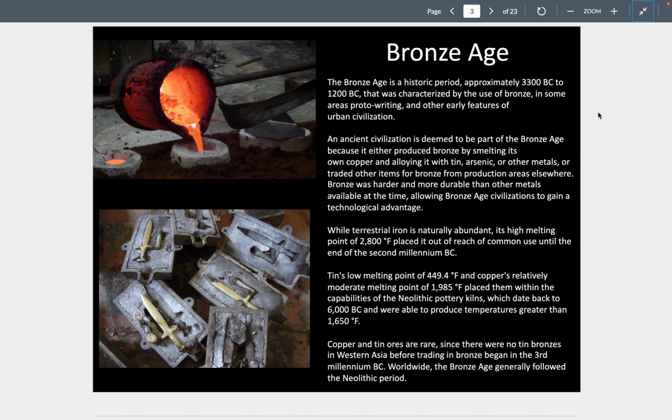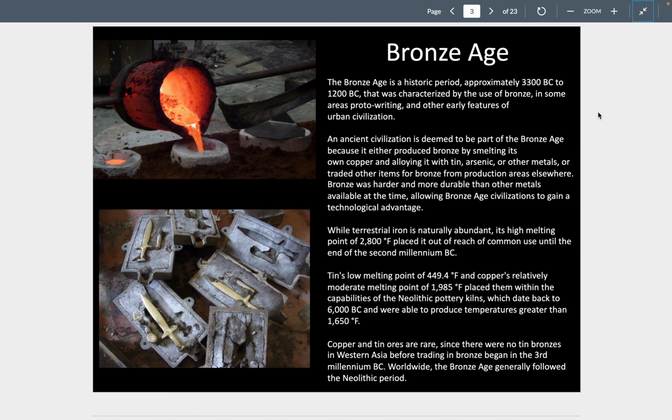In the Bronze Age, we are finding that people have learned how to melt by making fires in kilns, heating them up with large bellows, so that we are able to superheat fire to the point that it can melt copper and tin.